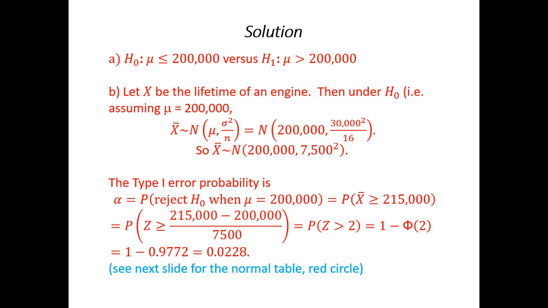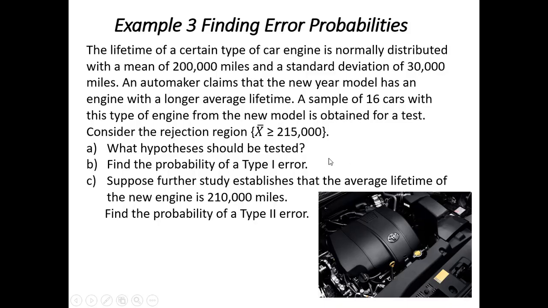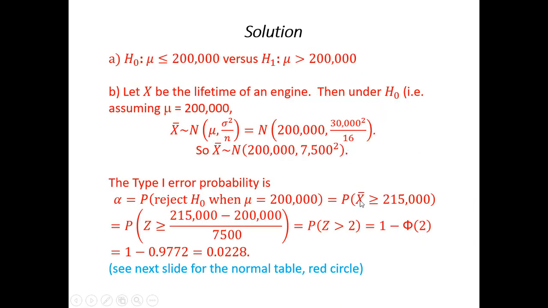All right, well, we go back to our rejection region. Remember, we said over here, we're going to reject when x bar is greater than or equal to 215,000. Okay, so this is the probability now that we need to calculate.